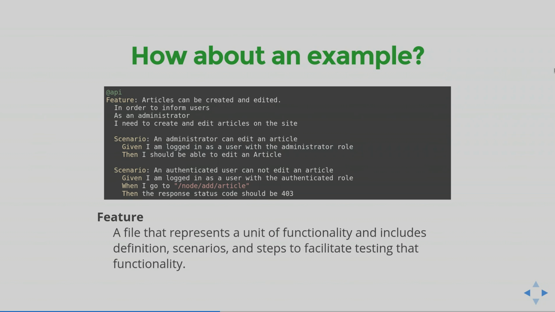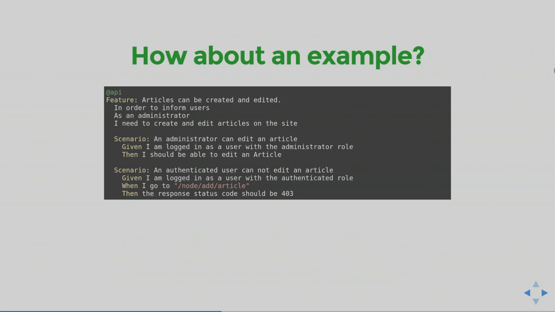If you all are familiar with Scrum development workflow, those 3 lines underneath where it says feature, that's basically a user story. And then you have a collection of scenarios, and under those scenarios you have steps to reproduce that scenario.